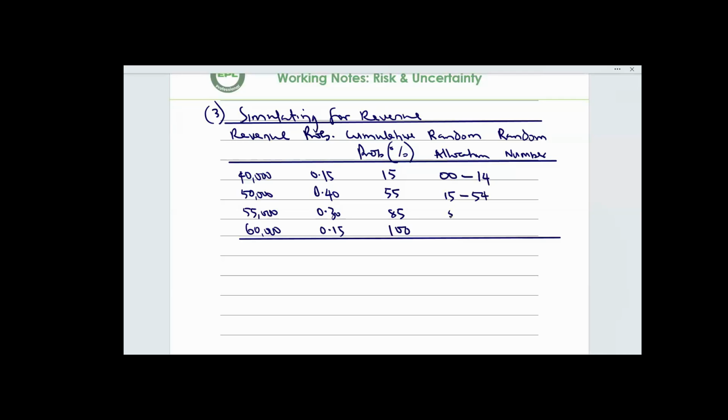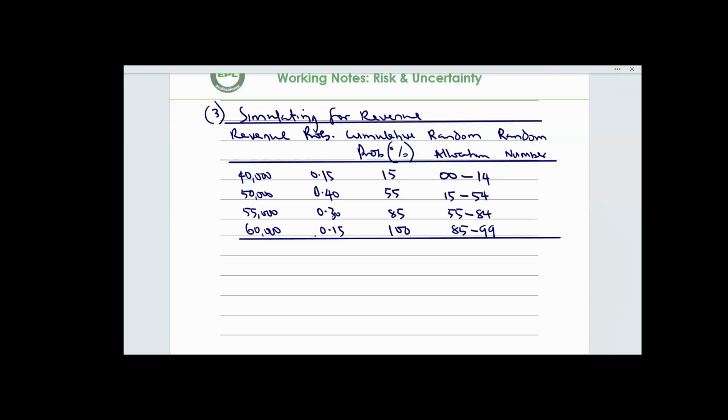After 54 is 55 to 84. Then after 84 is 85 to 99. Your random allocation will be between 0 and 99.